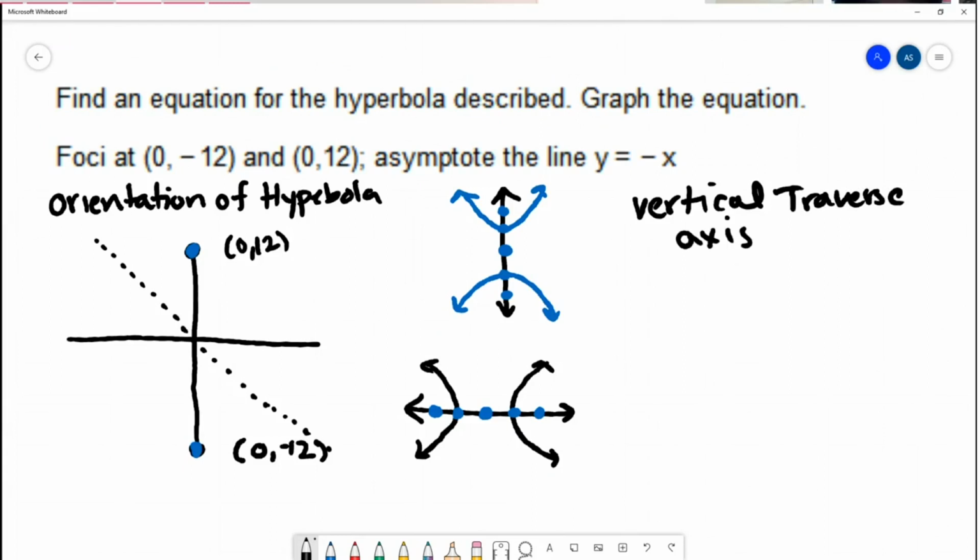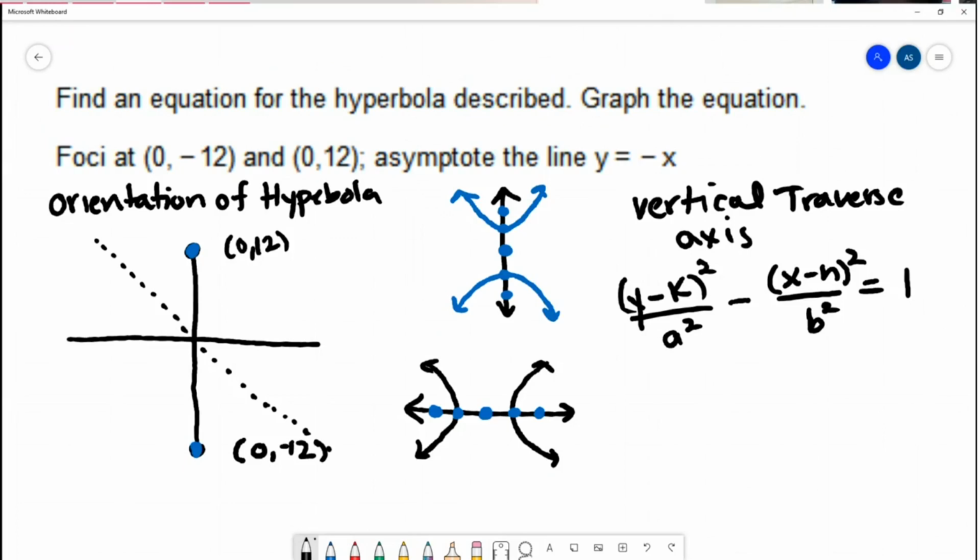Let's write out the equation. That's going to be (y minus k) squared over a squared, and this is going to be a minus right here. A hyperbola has a minus in the equation. We have (x minus h) squared over b squared equals 1.